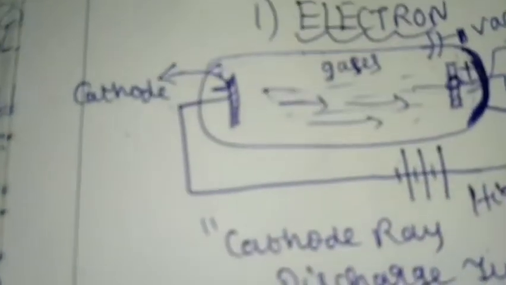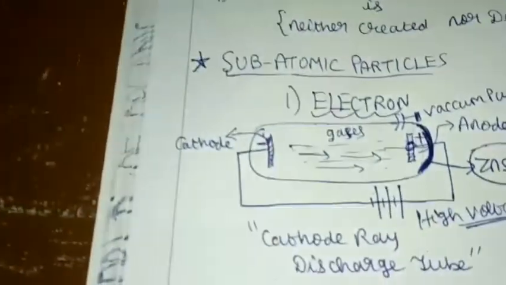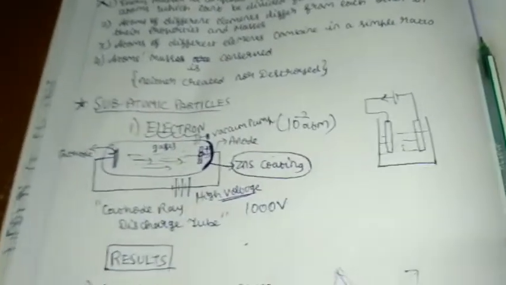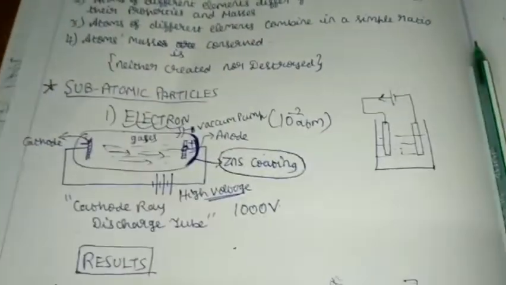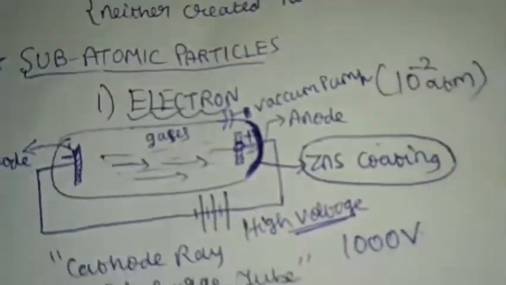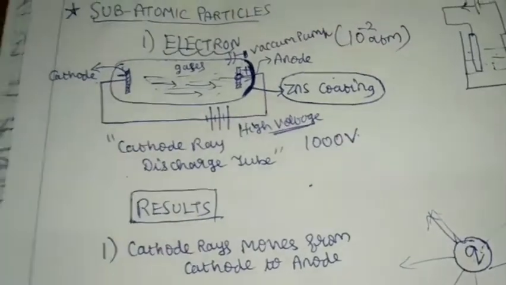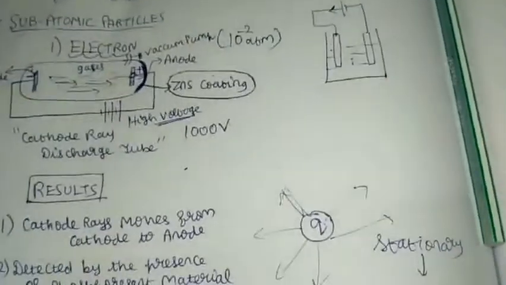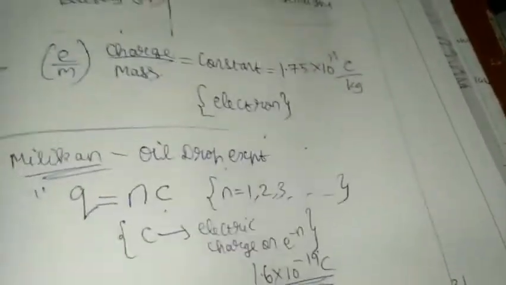These charged particles also rotated a paddle, a fan-like thing attached to a stick, which we used to play with in childhood. We hold it and go outside so that air comes and rotates the paddle. So it also rotated a paddle, which suggested that cathode rays also had some mass, 9.1 times 10 power minus 31 kg.